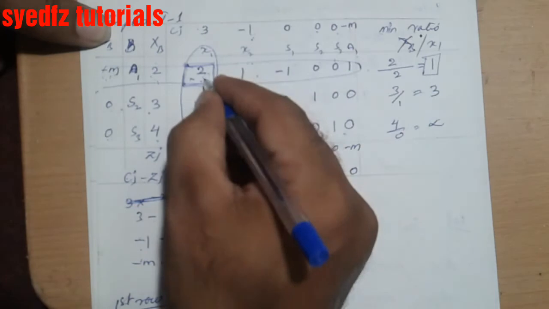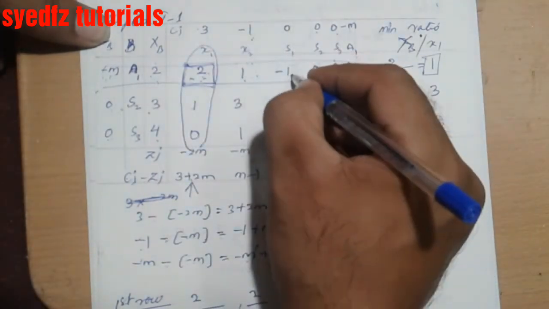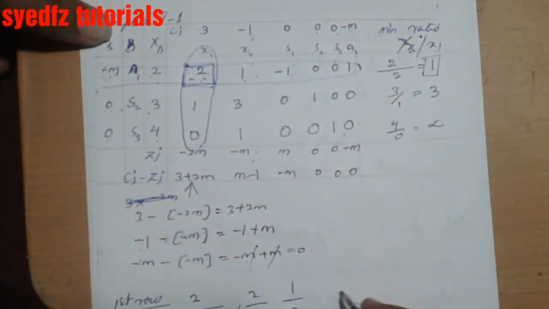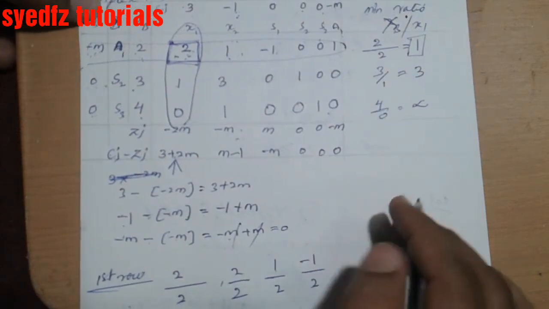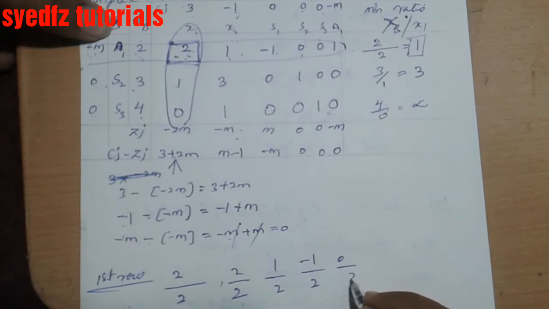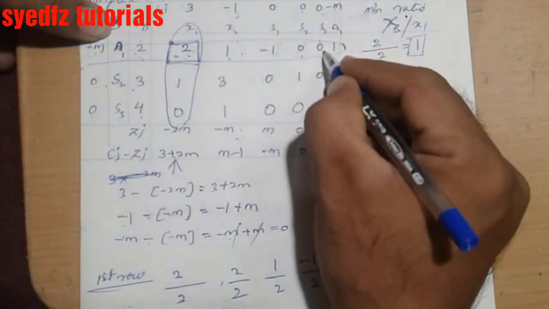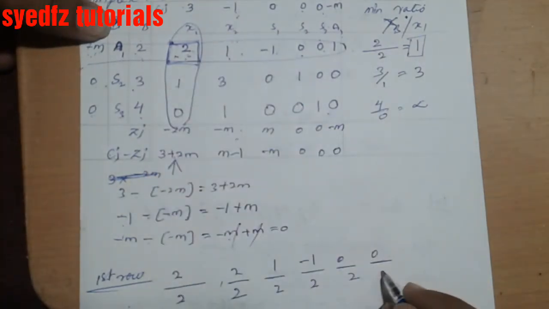What is the key column? 2. For s1, minus 1. What is the key column? 2. For s2, 0. What is the key column? 2. What is s3? 0. What is the key column in this row? Key element 2.